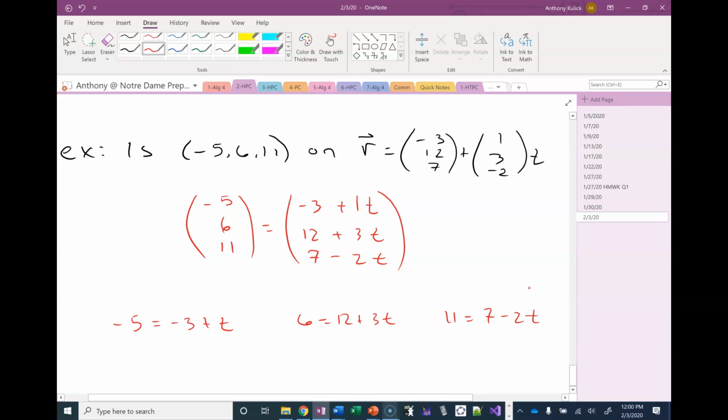Just like we did before, we're going to drop that point in for our r vector, and then rewrite the right-hand side of that vector equation as a single vector. And then we're going to solve each one of these equations for t.